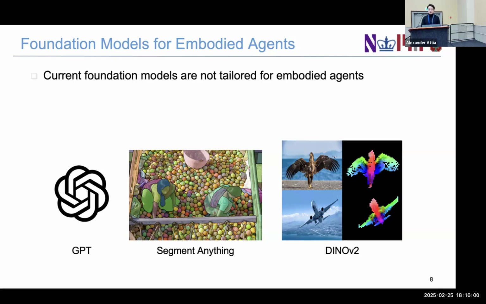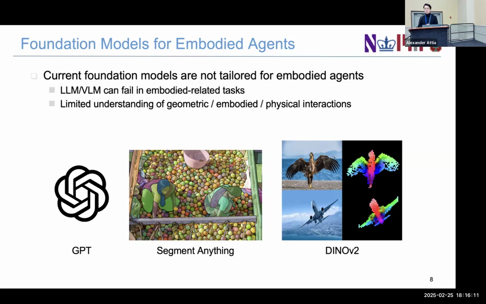But current foundation models are not tailored for embodied agents. I believe Manning has also shown some failure cases of existing foundation models in terms of their reasoning about embodied tasks, where the current foundation models have very limited understanding of geometry, embodiment, and physical interactions.